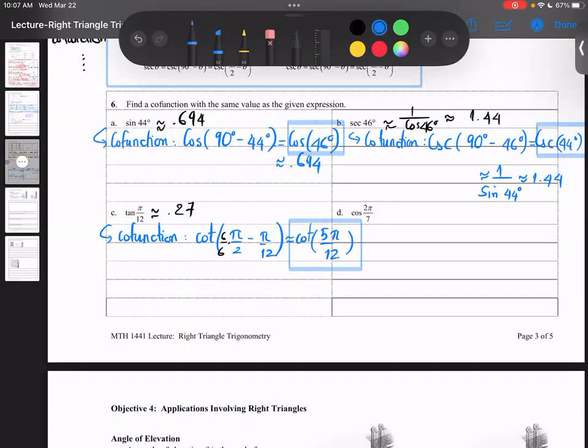No, right? Which is fine. We can use what? Cotangent equals what over what? Cosine of 5 pi over 12 divided by sine of 5 pi over 12. You plug it in. Cotangent is cosine over sine, right? It is 0.27.